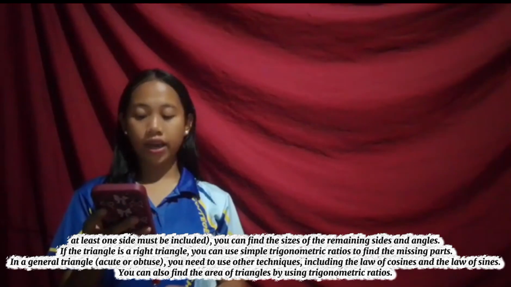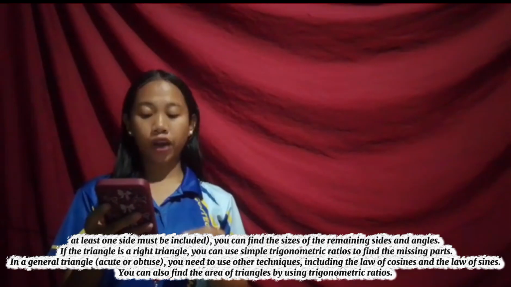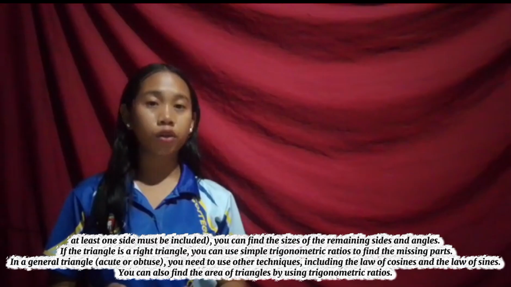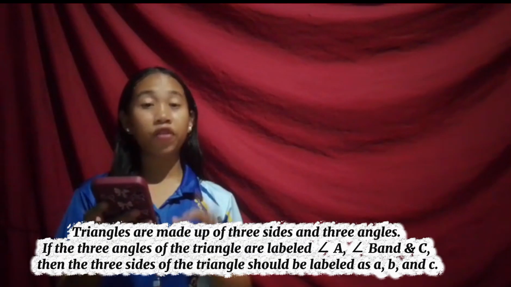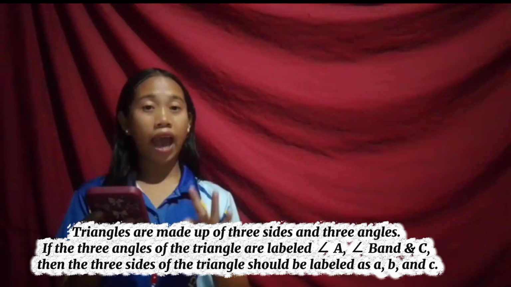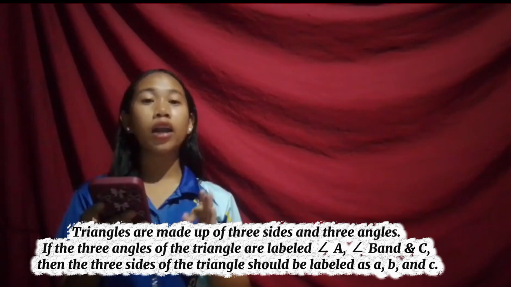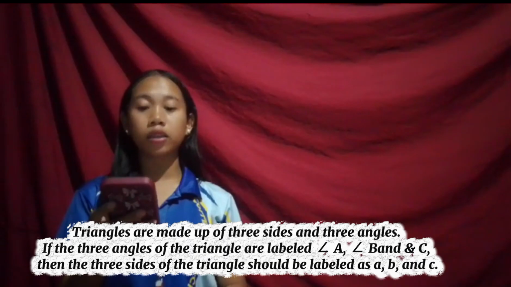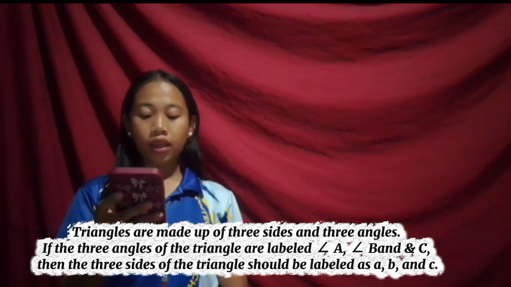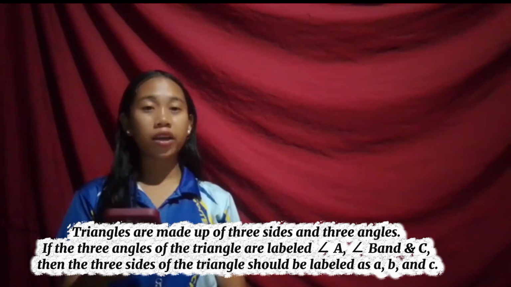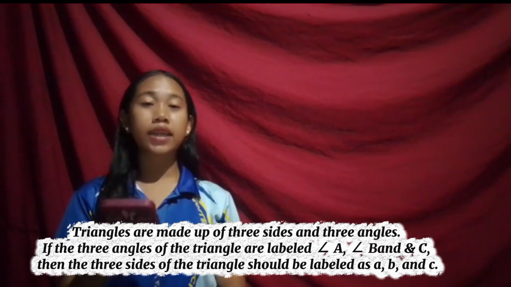You can also find the area of triangles by using trigonometric ratios. Triangles are made up of three sides and three angles. If the three angles are labeled angle A, angle B, and angle C, then the three sides of the triangle should be labeled a, b, and c.